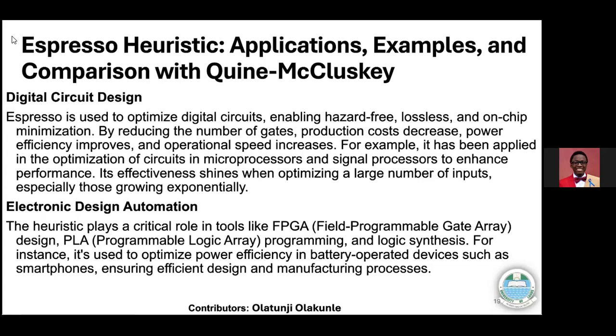You want to use the Espresso heuristic, even though it doesn't give the global minimum. Because when I'm talking about the heuristic, there's a local minimum and there's a global minimum. So most times you settle for a local minimum because of the speed at which it can do that.